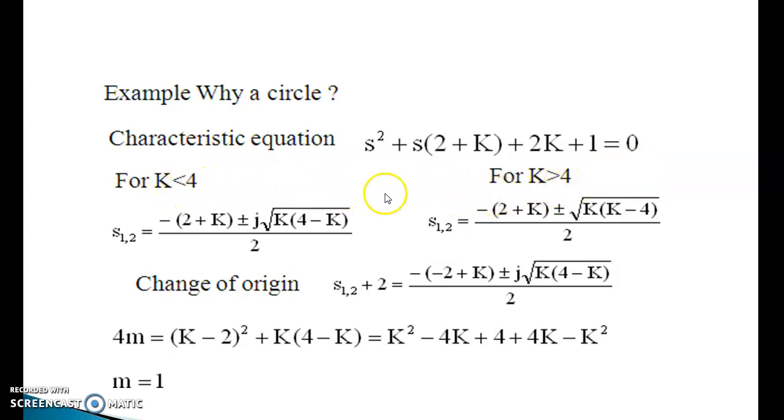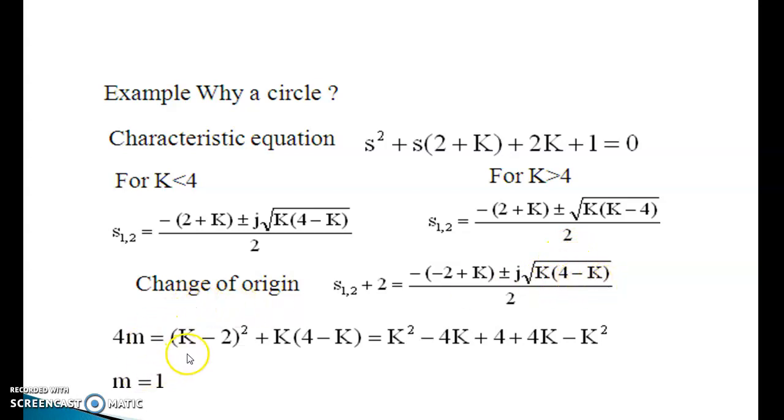For k greater than 4, s1,2 = -(2 + k) ± √(k(k - 4))/2. With the change of origin, s1,2 + 2 = -(2 - k)/2 ± j√(k(4 - k))/2.